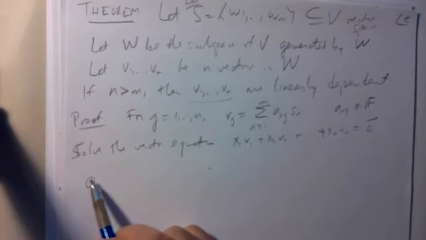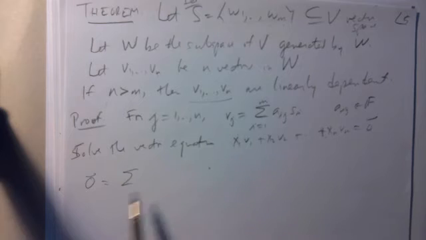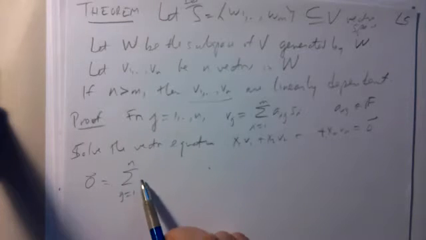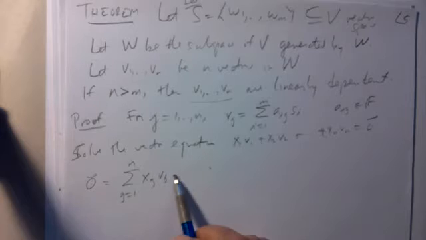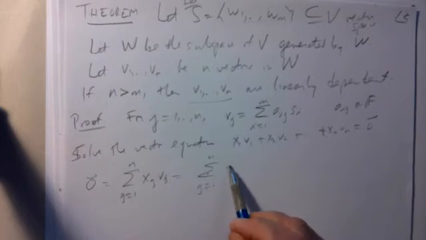So we have the 0 vector is the summation. Let me just use sigma notation because it's easier. Summation j goes from 1 to n, x sub j vj. That's this linear combination.